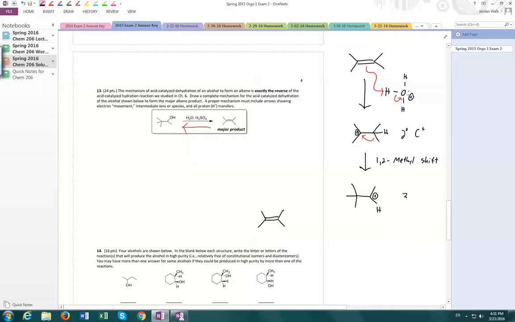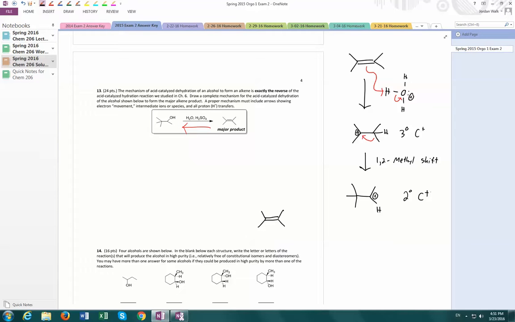Down here we have, no wait, this is a tertiary carbocation. Down here we have a secondary carbocation. So in the direction we're drawing this, do we have a driving force? We don't, but remember, we're working backwards. If we were going the other way, would we have a driving force to go from a secondary to a tertiary? Sure. We know that that would increase the stability. So that's fine, even though we're kind of going the wrong direction here.